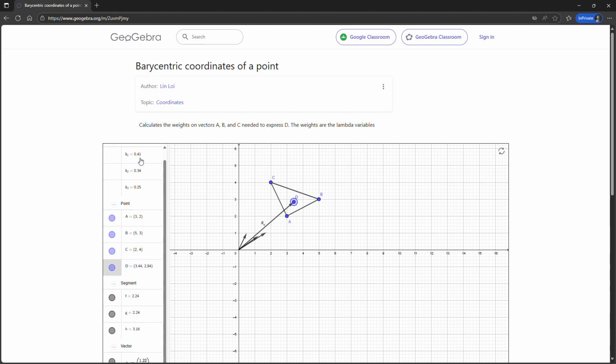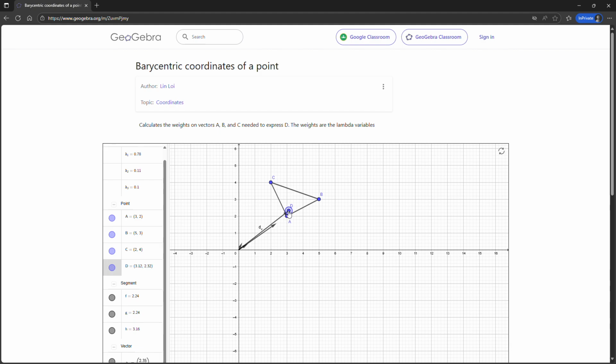You're 0.41 away from vertex A. You are 0.34 away from vertex B, and you are 0.25 away from vertex C. If you go to vertex A, you are basically at A, and you're 0 and 0 weights as it relates to B and C.